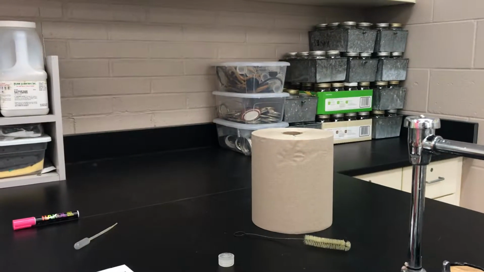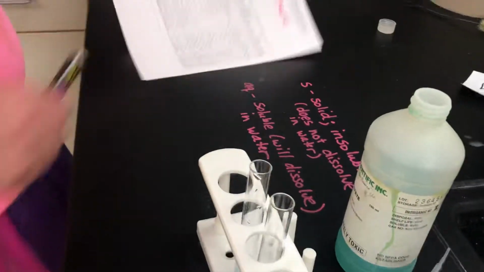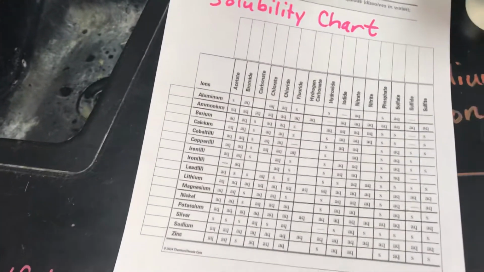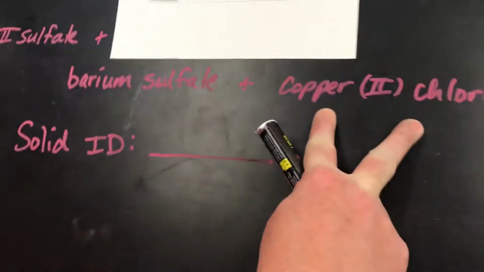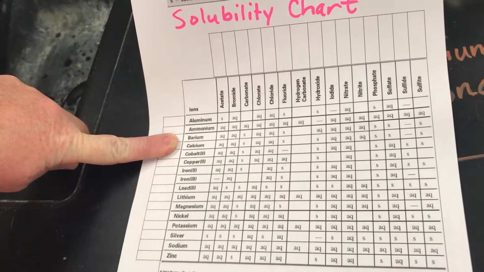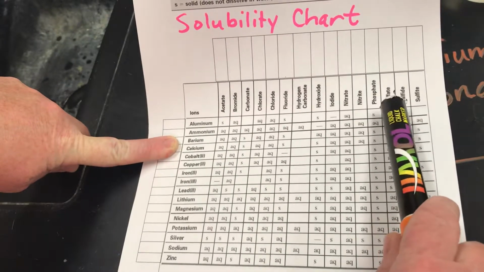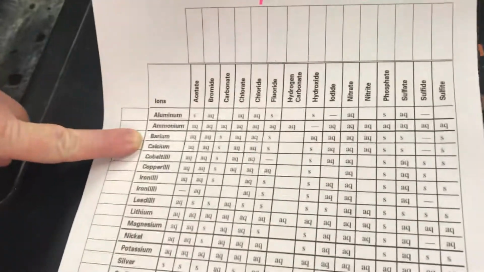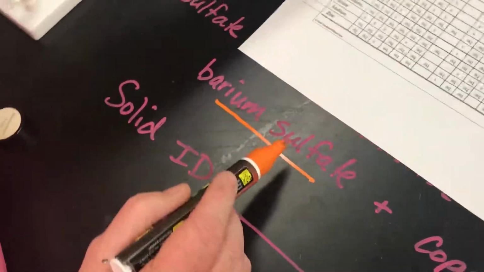So we're going to use the solubility chart to determine which of these 2 is the solid. So we have 2 new substances that have formed, barium sulfate and copper 2 chloride. What I do is I find barium on the vertical axis and see where it intersects with sulfate, which is way over here, and you see a little S there, which indicates with good strong possibility that barium sulfate is our solid.